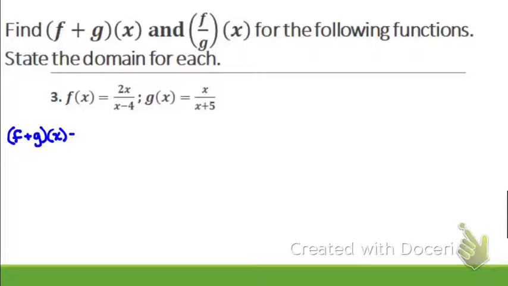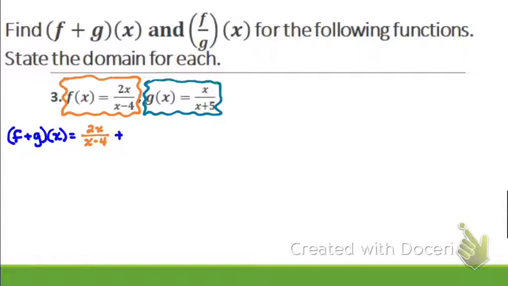Well, my function f of x is this one right here. So 2x over x minus 4. And we are going to add that to our function g of x, which is x over x plus 5.